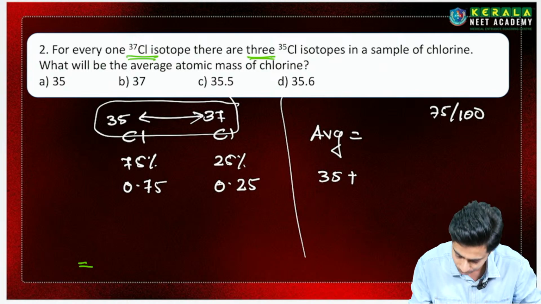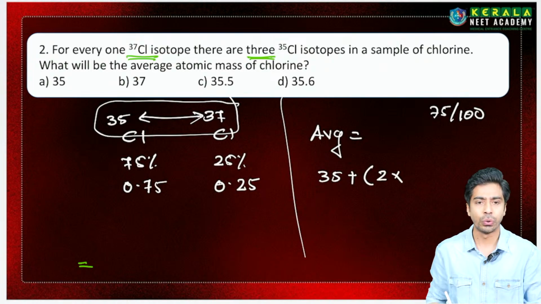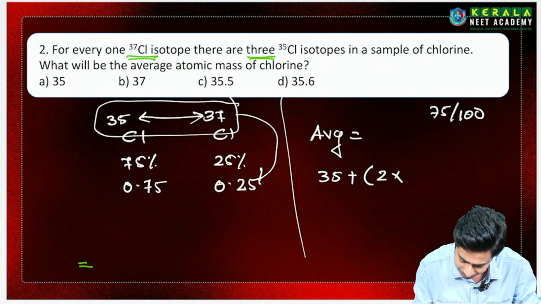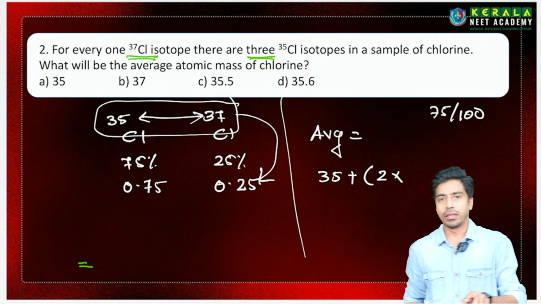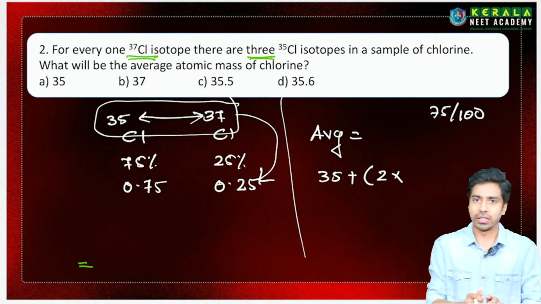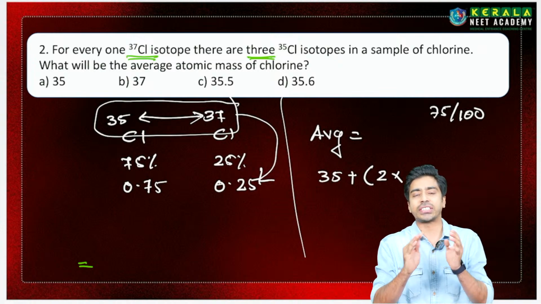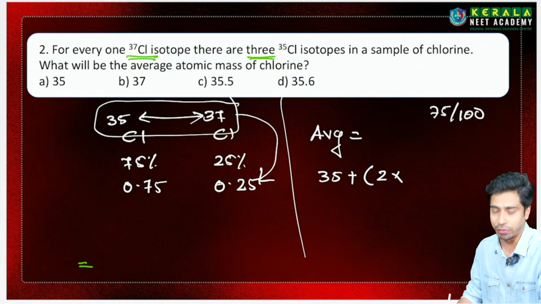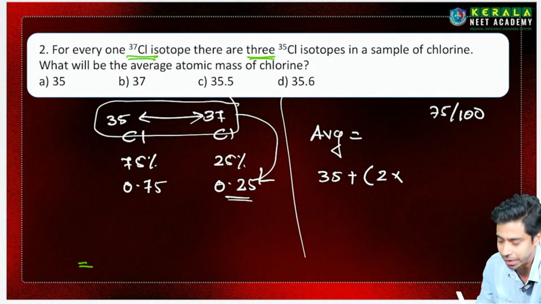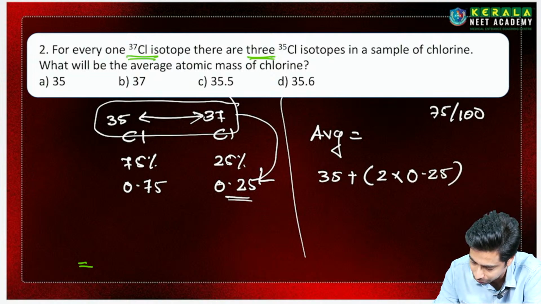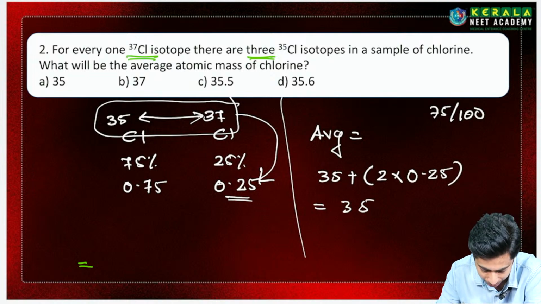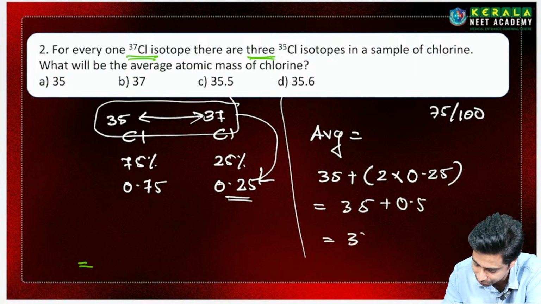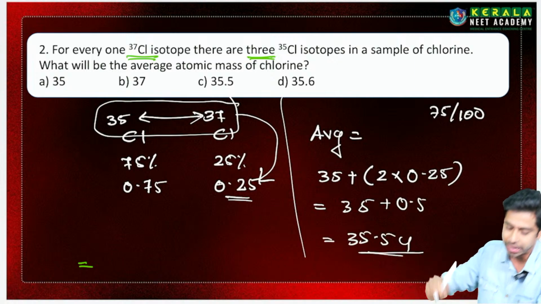So the difference, 2, into the fractional abundance of the heavier isotope. The fractional abundance of the heavier isotope is 0.25. So into 0.25 you'll get the direct answer, 35 plus 0.5, which is equal to 35.5 u. This will be the answer.